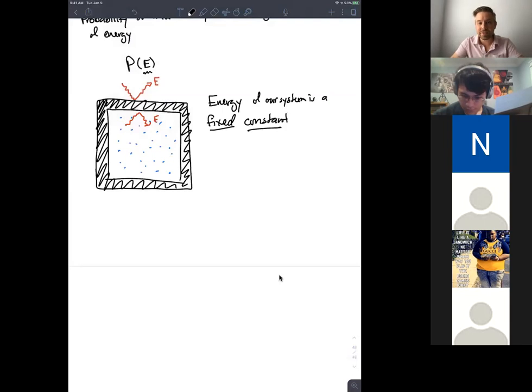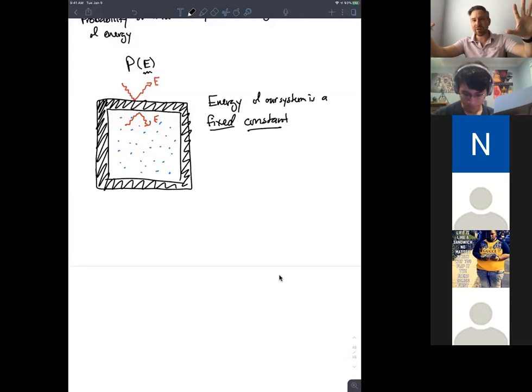Okay? And so now what we're going to imagine is, instead of just one box, imagine you have a whole array of these boxes, each of which can be in some state, whatever we mean by state. We'll talk about that in a second. Each of these boxes can be in a different possible state.